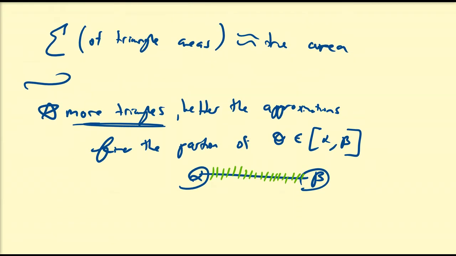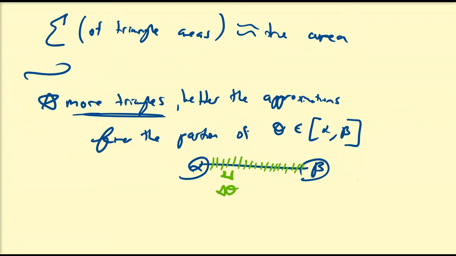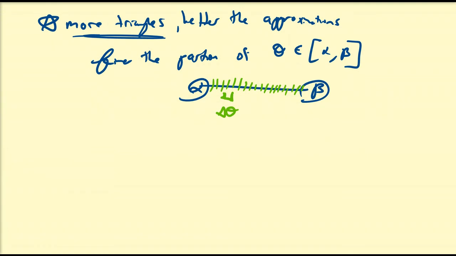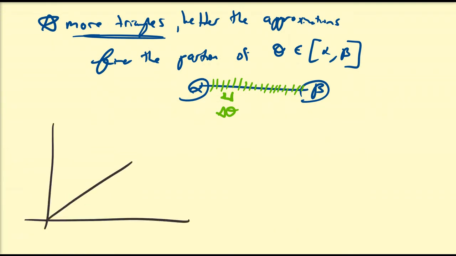For each of these theta values, we can call each of these lengths delta theta, and there's going to be some r value associated to each of those. So let's look at a particular triangle. Let's extend that out a little bit. There's some curvature here, of course.